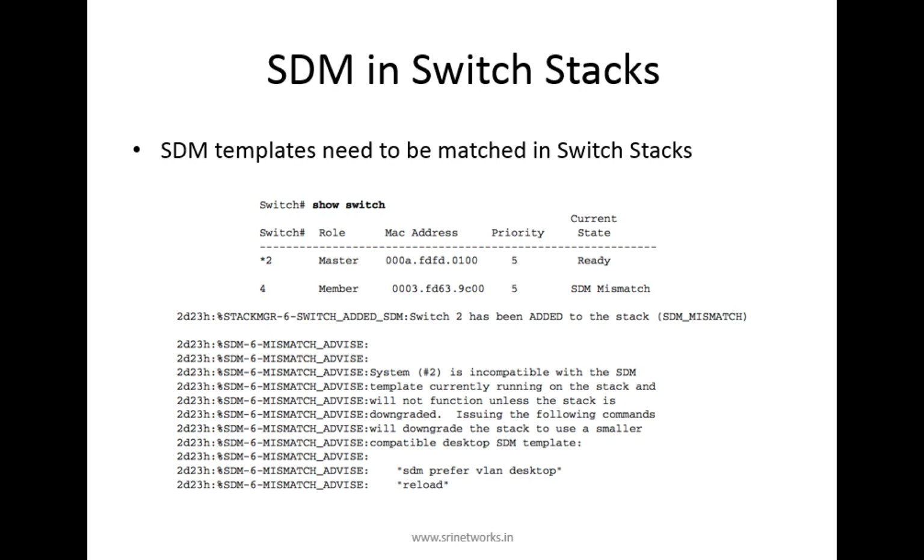To downgrade it you just use the command sdm prefer vlan desktop and reload the switch. If you are using a stack environment, you need to be careful before adding a switch. I suggest that before adding it to the stack, you change the SDM template to whatever exists on the stack master, so that you will not get this syslog error and SDM mismatch errors.